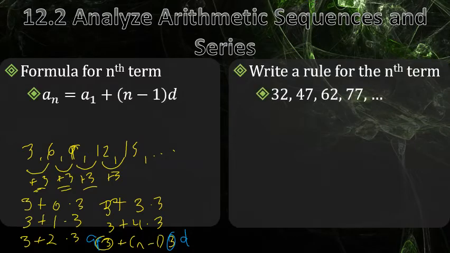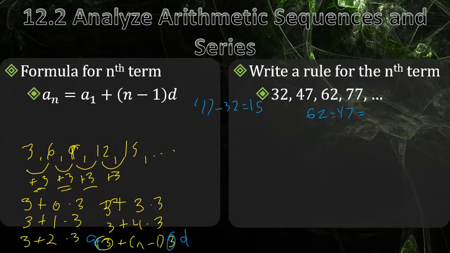So write a rule for the nth term of this arithmetic sequence: 32, 47, 62, 77. So you have to decide, what is our D? If you don't know, then you can say, 47 minus 32 is 15. And how about 62 minus 47?